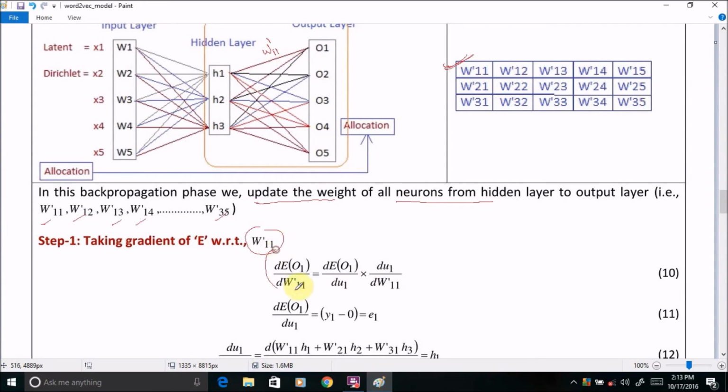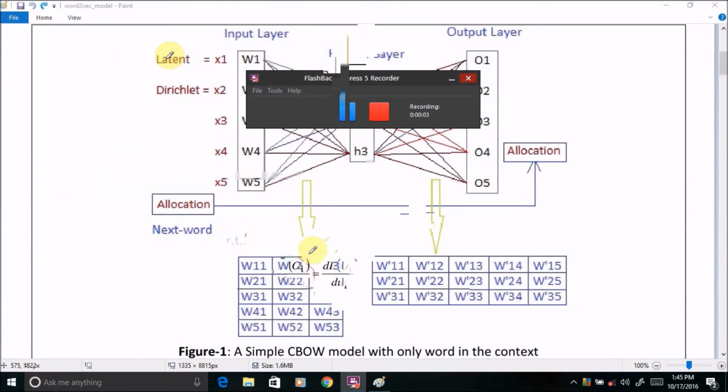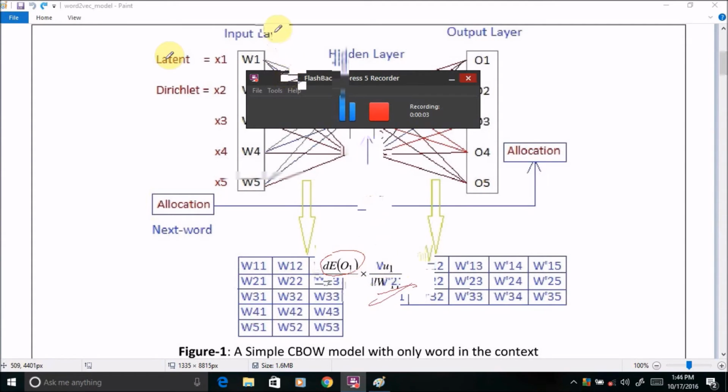So here in this case we will apply the chain rule. Now we can extend this gradient as the derivation of E01 with respect to U1, and taking the derivation of U1 with respect to W'11.